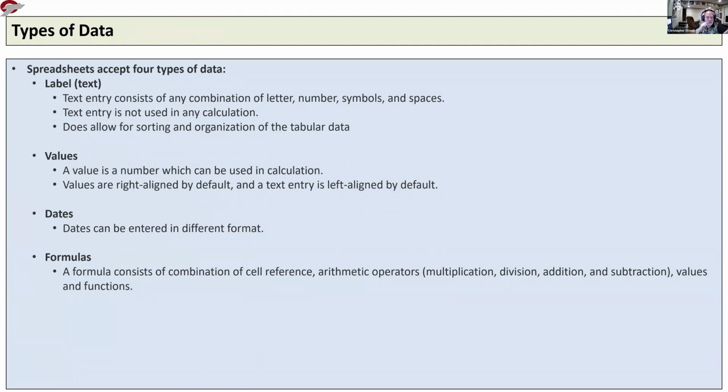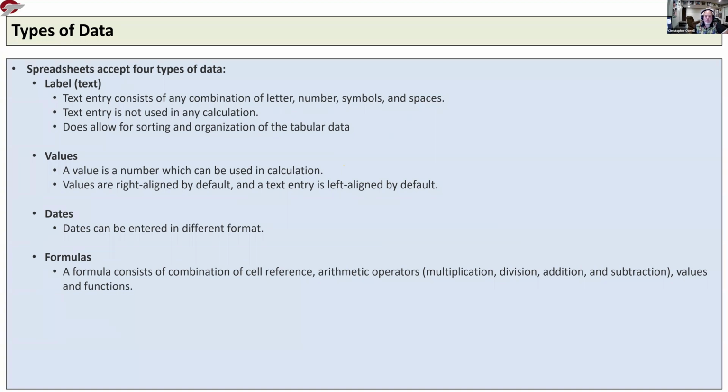So generally, spreadsheets accept 4 types of data. Those types of data would be text, numerical, dates, and formulas. Now, text can be numbers, symbols, letters, spaces. It can be alphanumeric. It can be Cyrillic. You can even get extended ASCII if you know what that is.